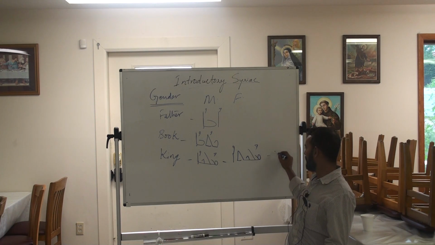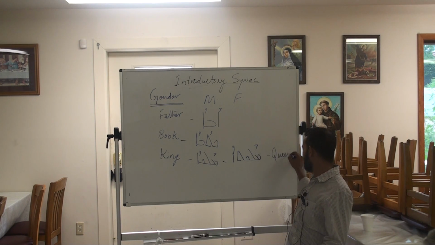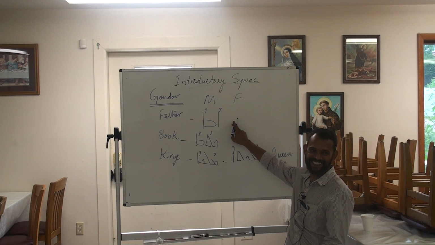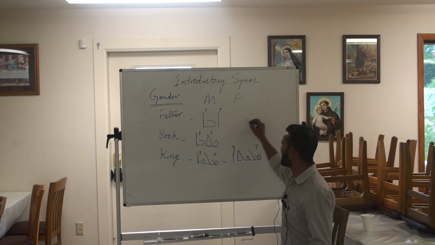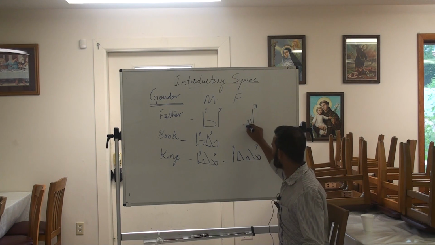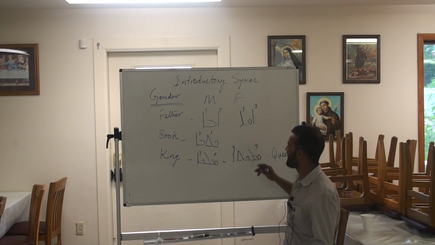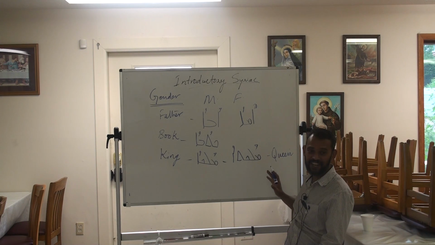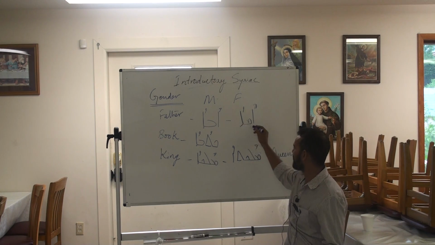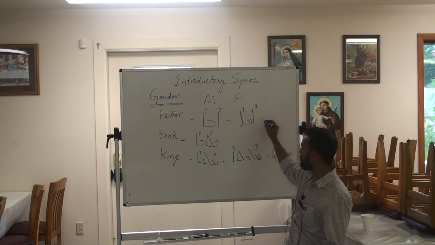So that should be queen. But here that's not the case. Abo is, the feminine is emo. So this rule is not hard and fast. That means we have a different word here, emo, mother.